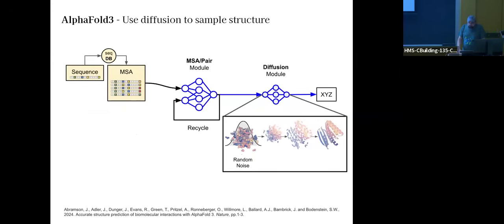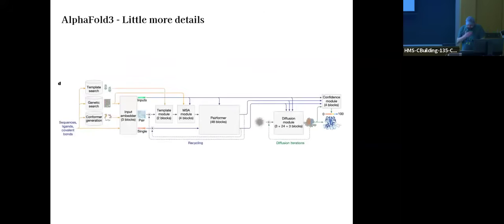Like in the case of RF diffusion, you're starting from sequence-independent random noise of coordinates to a protein-like structure. So how are they passing the MSA and pairformer information, where you have those coevolutionary constraints, into the diffusion module such that they get a good structure?